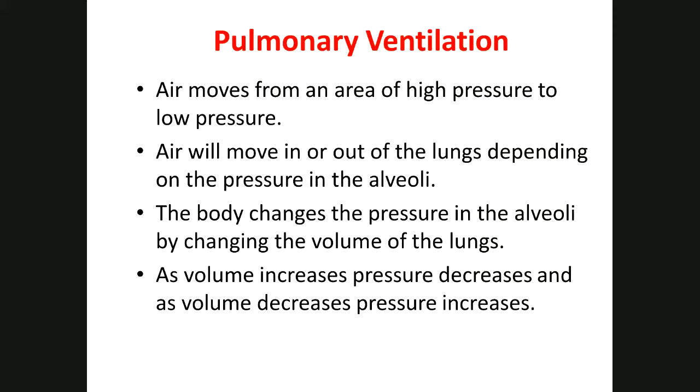Because today's lecture is about the physiology of the respiratory system, we will be mainly focusing on the first two, the pulmonary ventilation and the external respiration, with the gas exchange. The other parts are going to be discussed when we reach those systems.